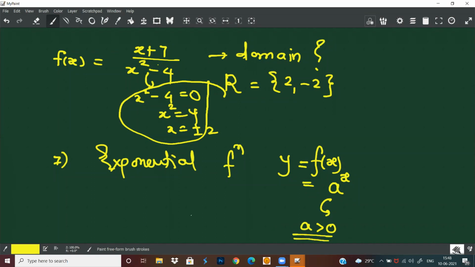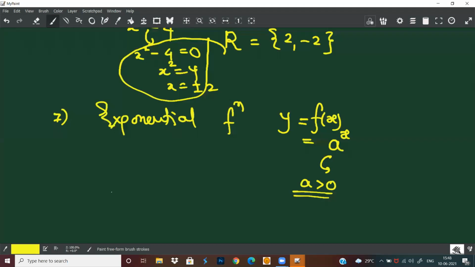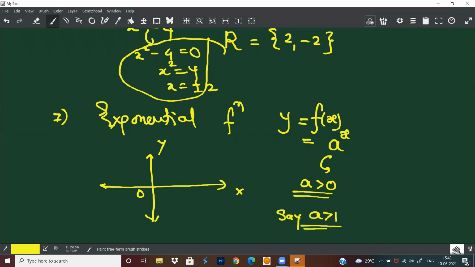Yeah, x belongs to R. Perfect. Now say if a is greater than 1, e raised to x is a special type of this. Yes, it's an exponential function. When the value of a is e, it comes like this.